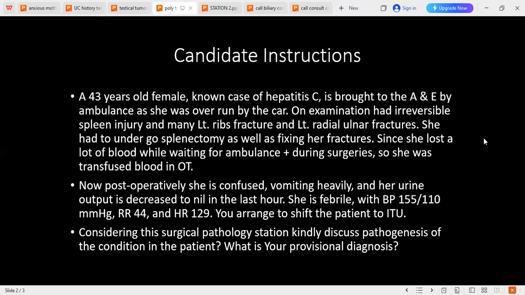Why would you not consider giving packed red blood cells to the patient? We can give packed red blood cells to this patient.